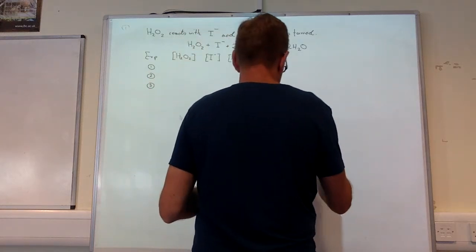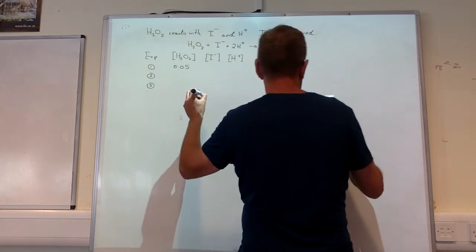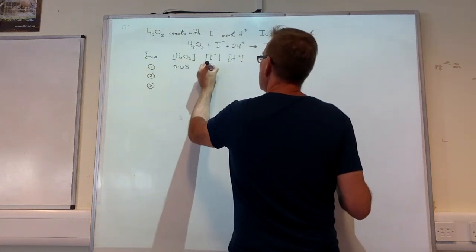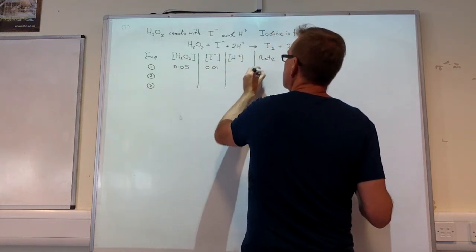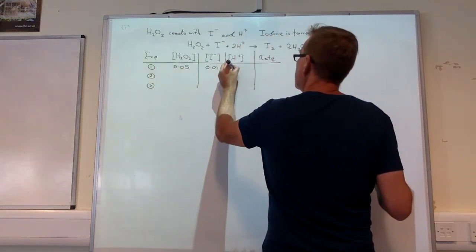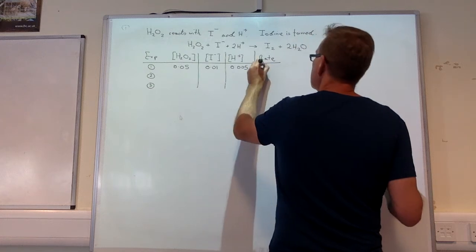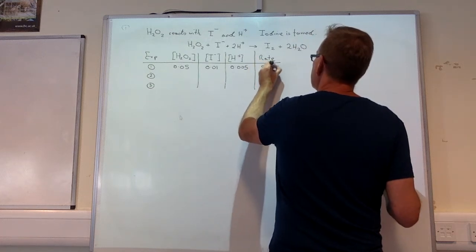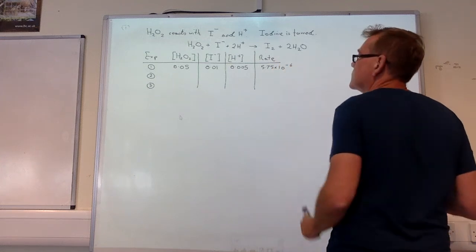Okay. Start off 0.05 of that moles per dm cubed. 0.01 moles per dm cubed. Yeah, let's put the lines in. Okay. 0.05 moles per dm cubed. Right, 5.75 times 10 minus 6.